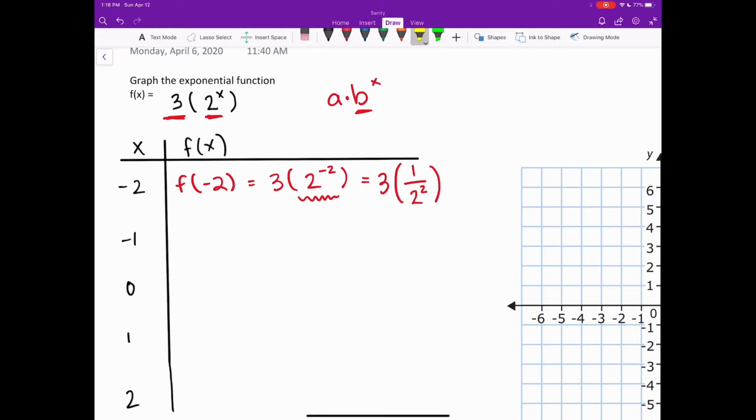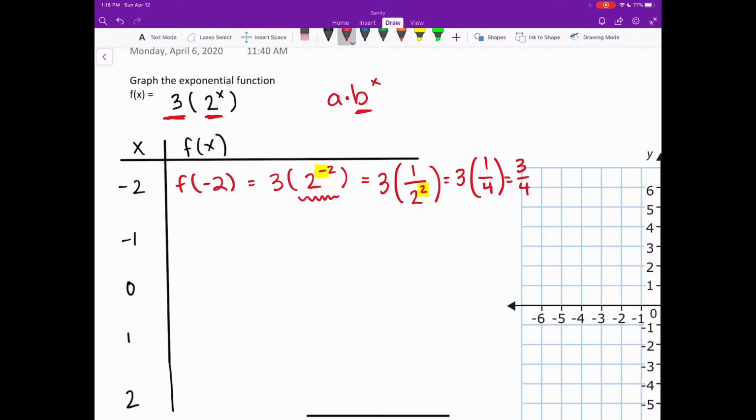Since I took care of that negative exponent and I flipped the fraction, that square is still there. That just takes care of the negative. So then you can think about it, what's 2 squared? Well, 2 squared is just 4. And then 3 times 1/4, we're just going to say that it's 3/4. All right, we'll graph that later.